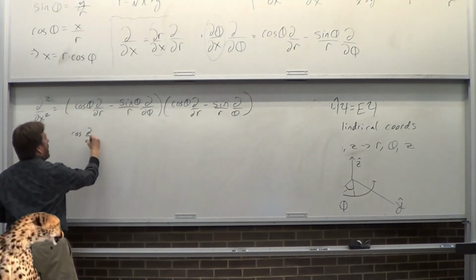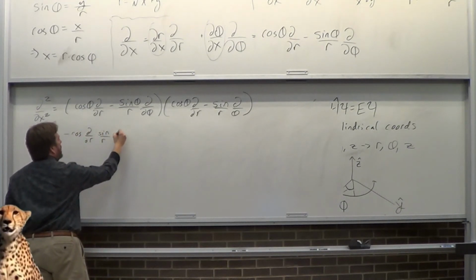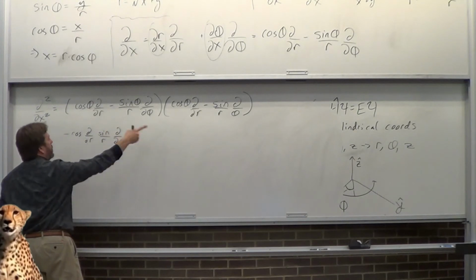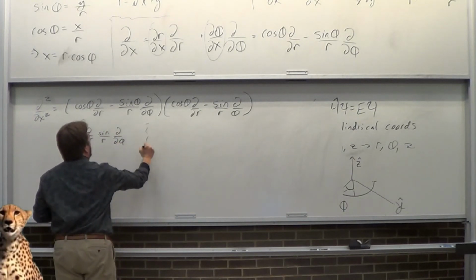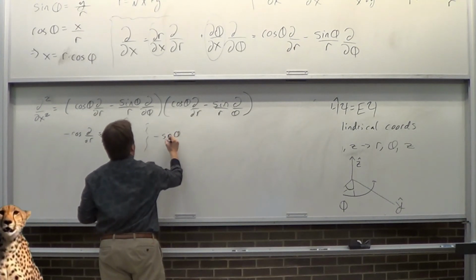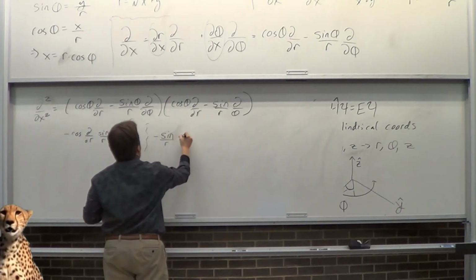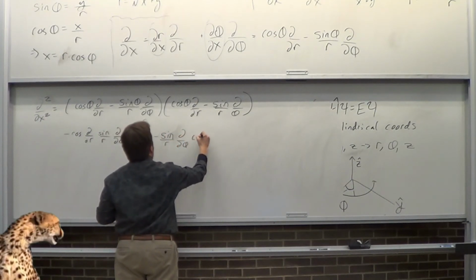Cos d/dr minus sine. Okay, so that's one of the weird terms. And then let's do this one, minus sine over r d/dphi cos.